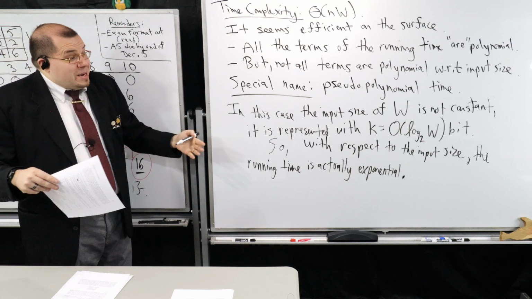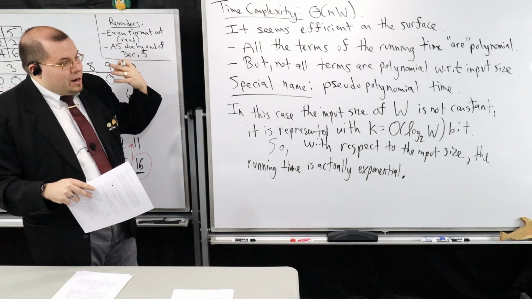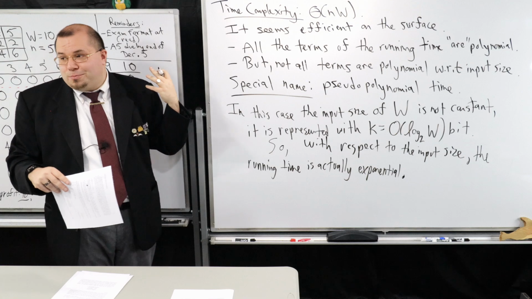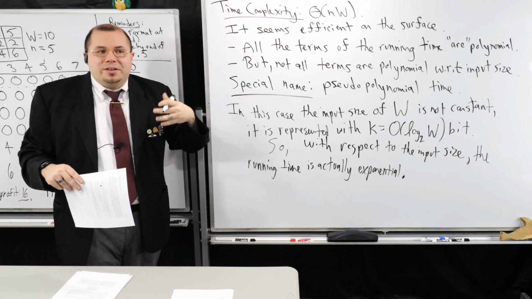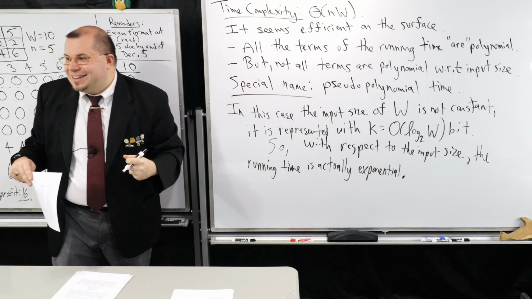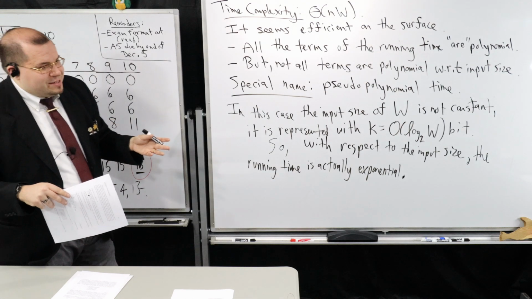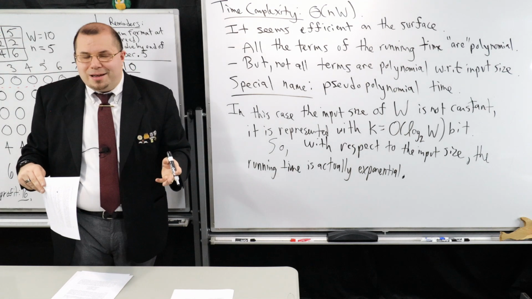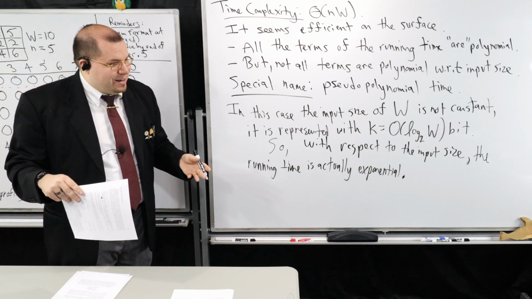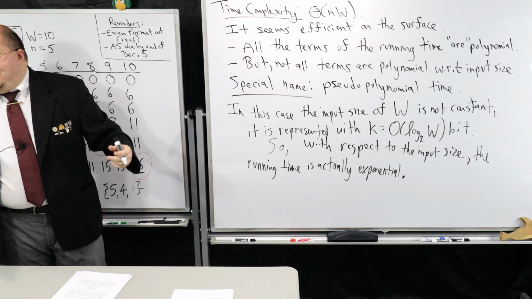That's the big takeaway: if you see a number that is represented in our problem, you have to be very careful when designing the algorithm, because it could represent something else in terms of the input size. Why? Because remember, this table has one dimension that is W. So if W is, say, 100, the dimension of the table is in fact 100. It's not log base 2 of 100. It's 100 straight up.